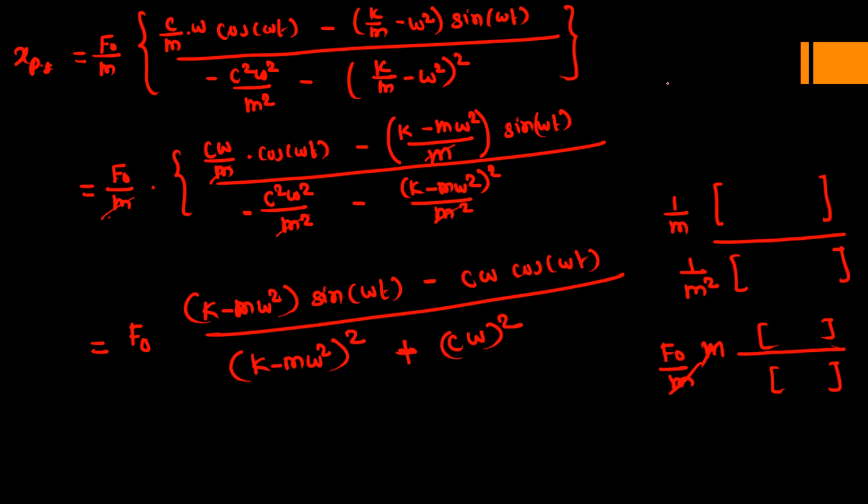Now our aim is we should have the equation for x, which is just a function of time. And it must be in the trigonometric function, either sine or cosine. So we will assume one right angle triangle with this as a hypotenuse.